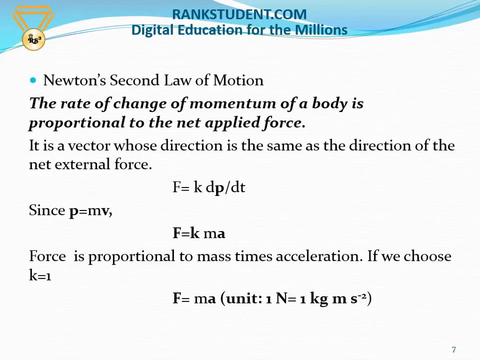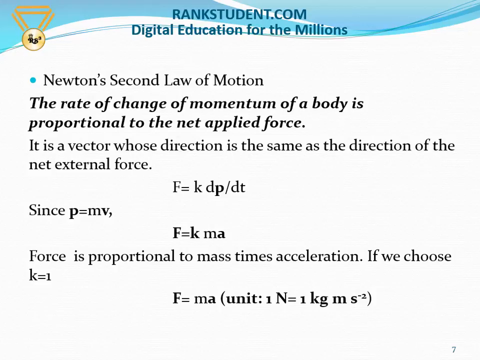We can arbitrarily choose K to be 1, and therefore the law of motion can be stated as F equals ma, something that everyone knows or should know.